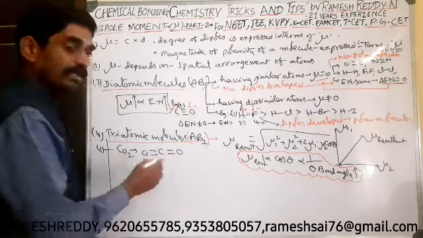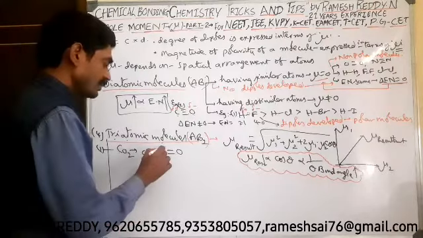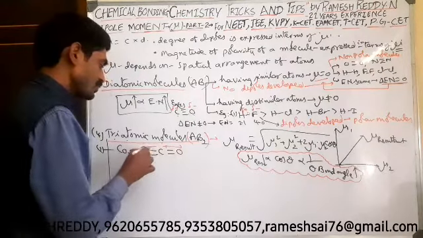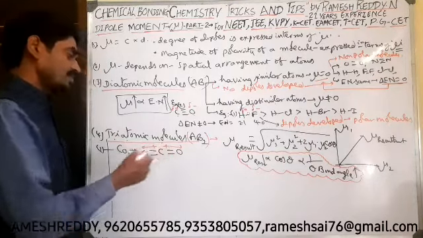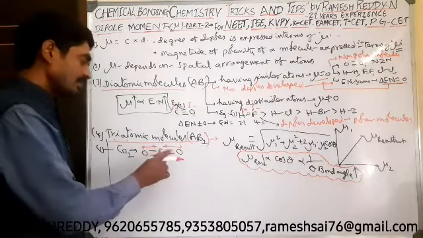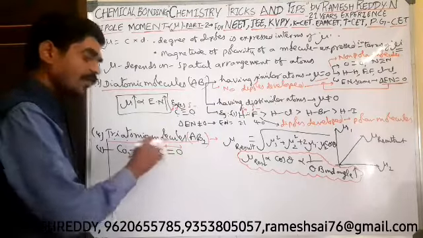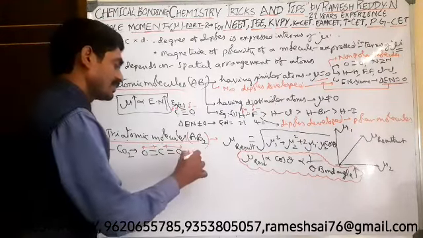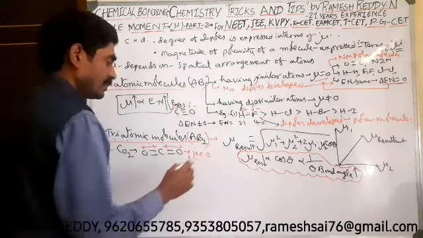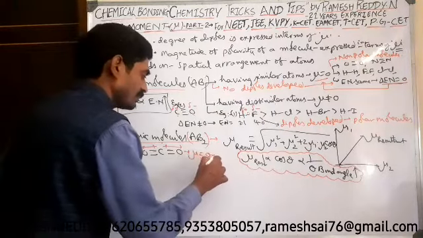Compared to carbon, oxygen is more electronegative, so the electrons move more towards the oxygen. So the dipole moment is towards the oxygen. Both have the same magnitude but opposite direction, so both cancel each other. The resultant dipole moment is 0. That's why it is a non-polar molecule.